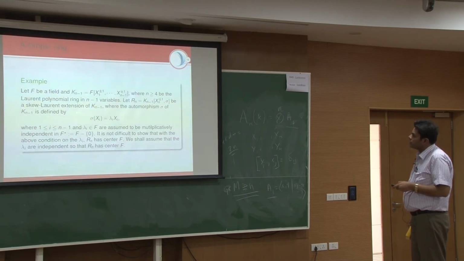Okay, so we consider an example. We take this field F and we define this Laurent polynomial ring K_{n-1} in n-1 variables. This is just the group algebra of the free abelian group on n-1 variables. And we define this skew polynomial ring R_n over K_{n-1}.